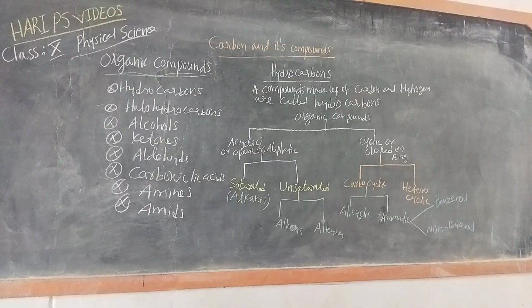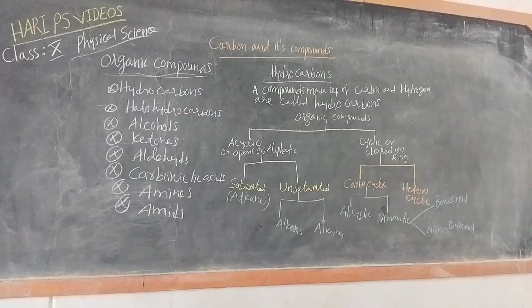Here we discuss mostly hydrocarbons. What are hydrocarbons? Compounds made up of only carbon and hydrogen are called hydrocarbons. There is a flow chart given about the organic compounds.